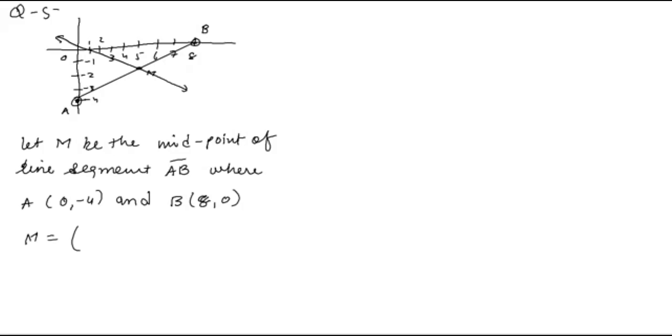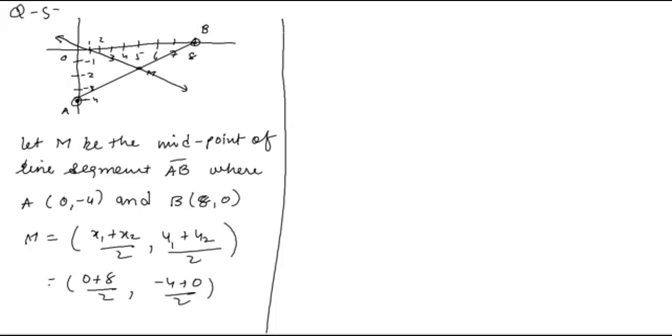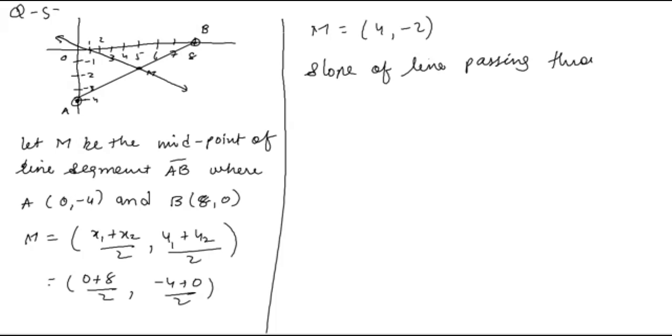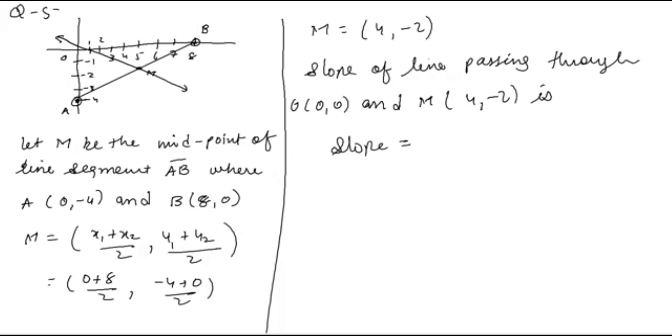If I apply the midpoint formula, (x1 plus x2) by 2 and (y1 plus y2) by 2, I will get the coordinates of M. So (0 plus 8) by 2 and (-4 plus 0) by 2 gives M equal to (4, -2). The slope of a line passing through two points is (y2 minus y1) upon (x2 minus x1).